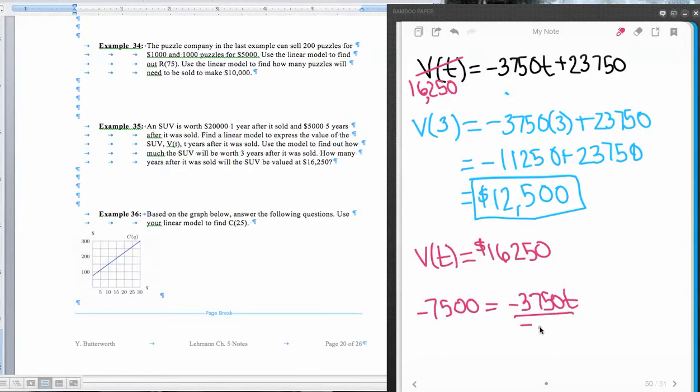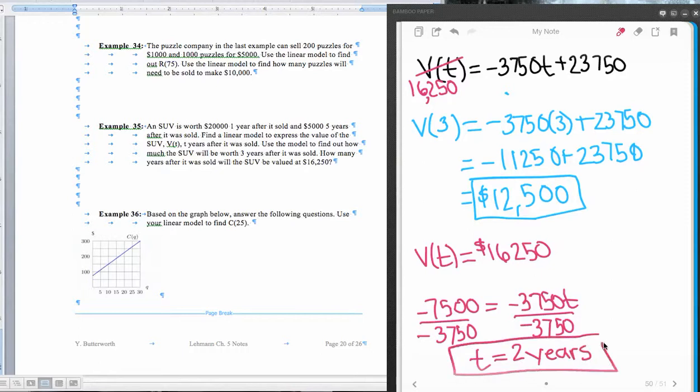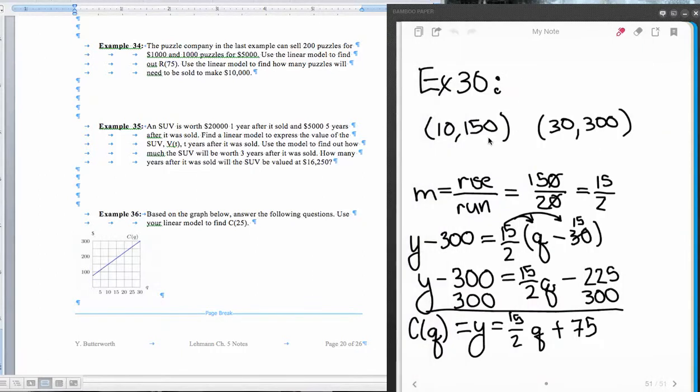And now, of course, we're going to divide by a negative 3750 on both sides, and when we divide by the negative 3750, we're going to see that T is going to be equal to positive 2. And so 2 years after it's sold, we should expect the value to be 16,250.